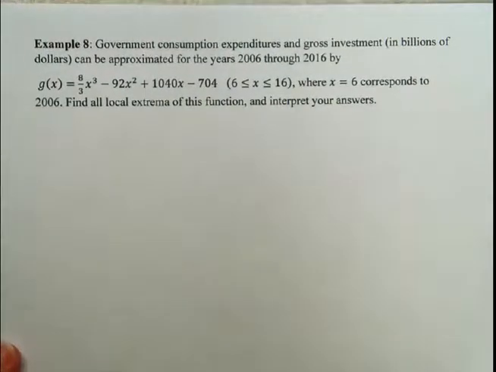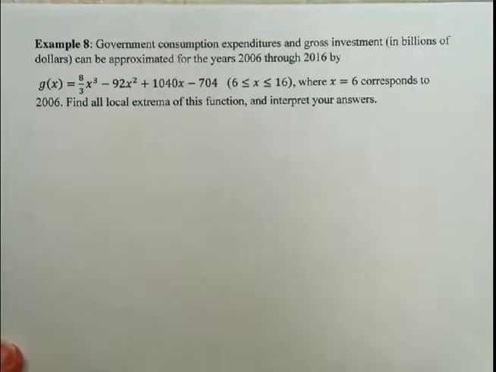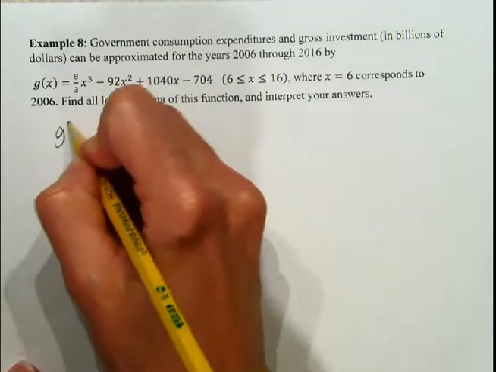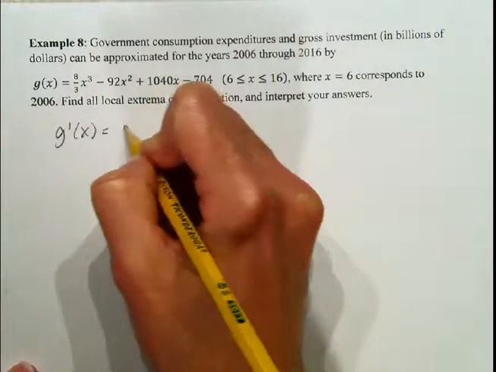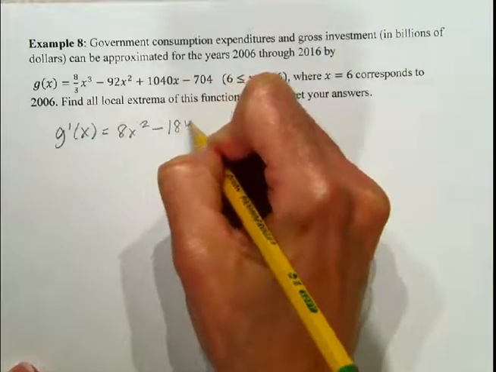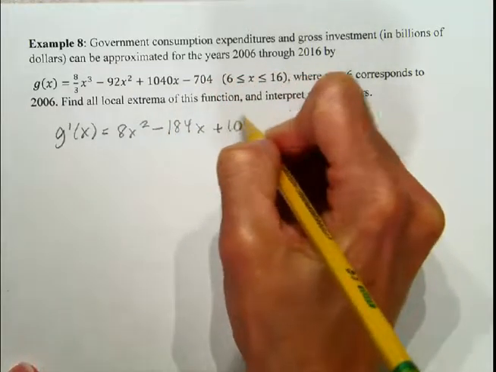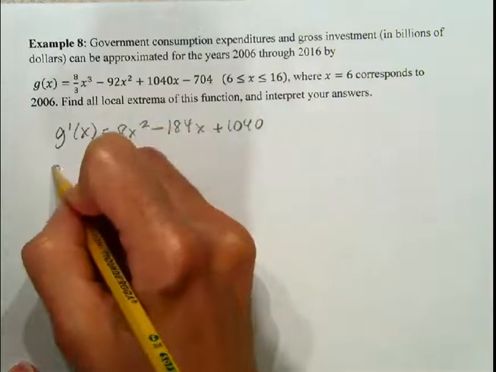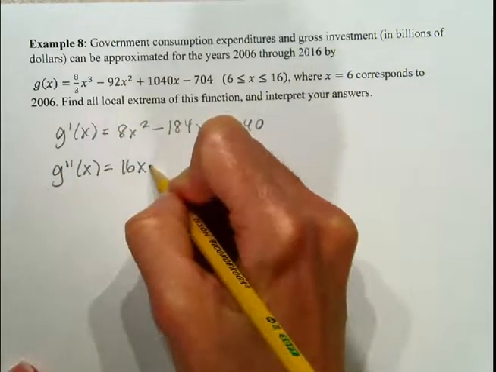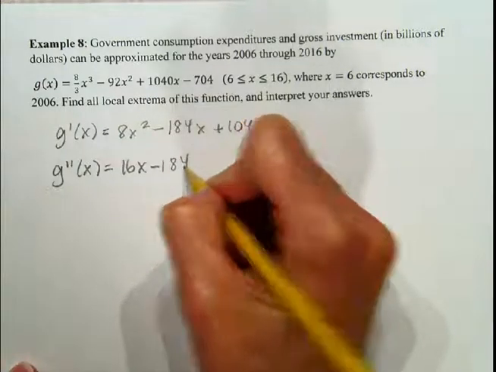So let's see how that works with our example 8. I know I just read it to you; I'm not going to read it again. First thing we're going to do is find the first and second derivatives and see what happens. The first derivative would be 8x squared minus 184x plus 1040. So our second derivative would be 16x minus 184.